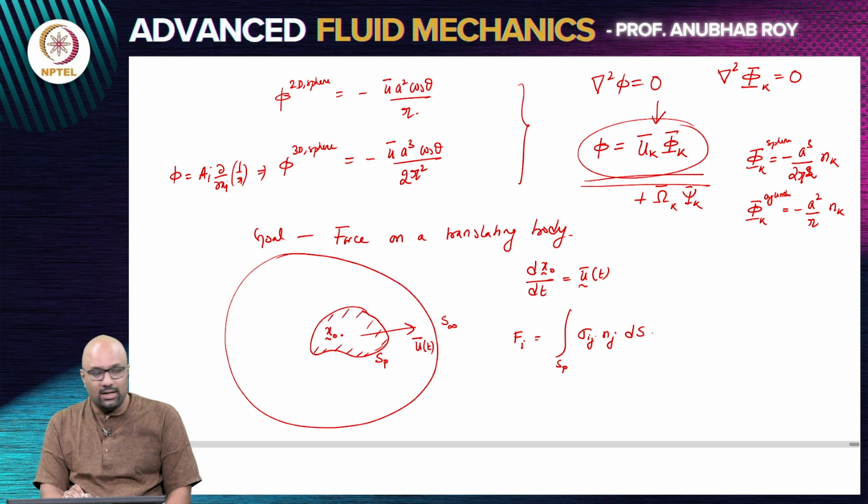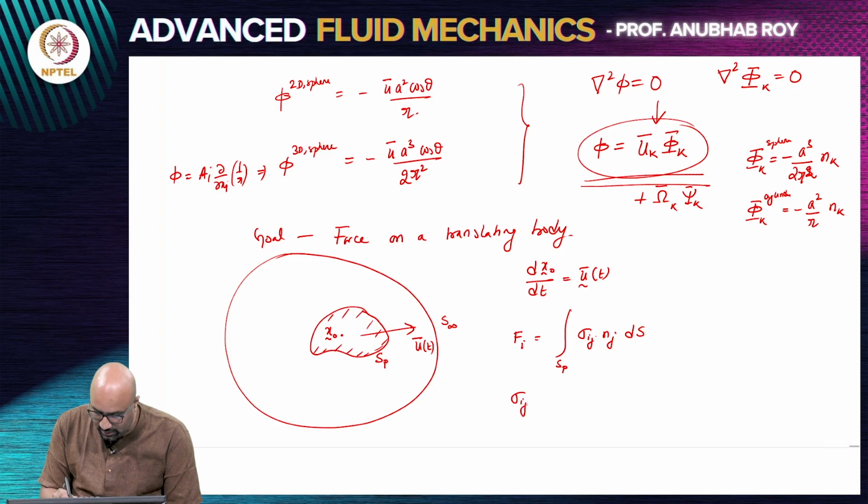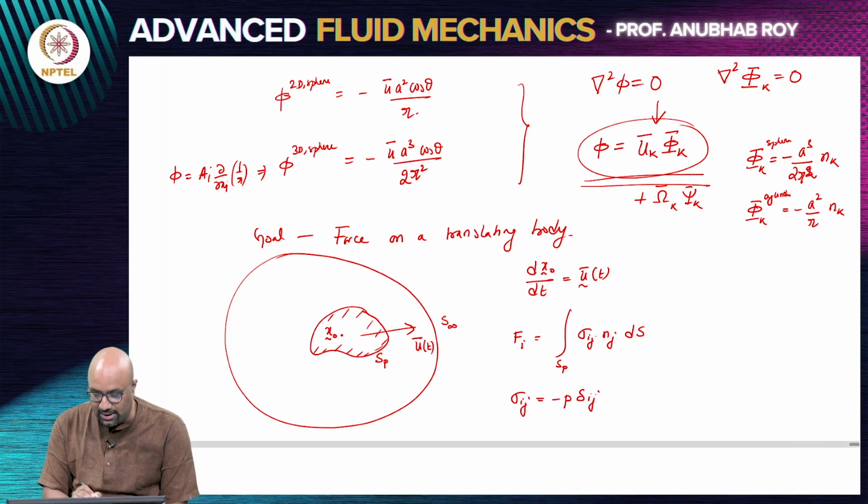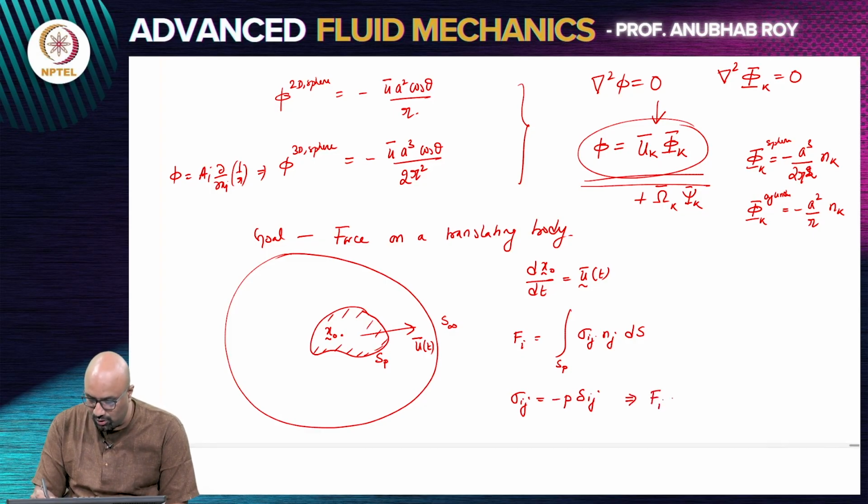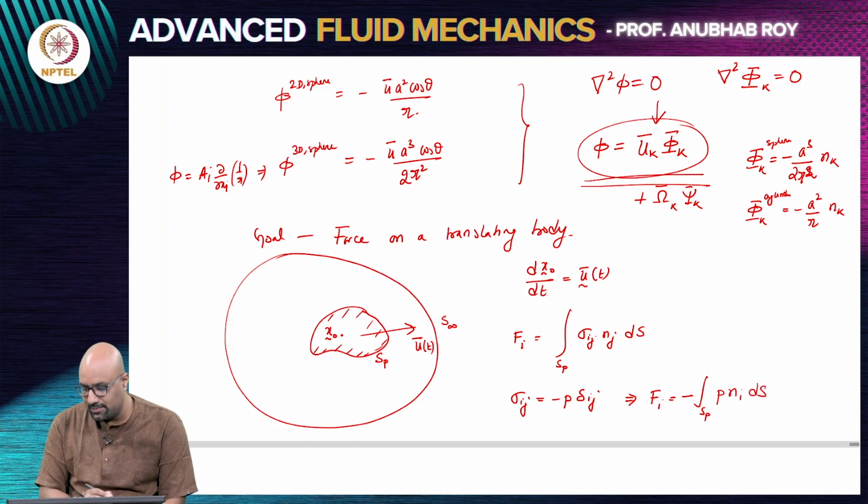Now, we are dealing with an inviscid fluid. Since we are dealing with an inviscid fluid, sigma_ij has a very simple form which is minus p delta_ij. So, our life gets easier and the force is now minus the integral over S_P of p n_i dS.